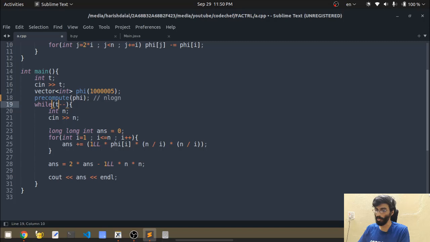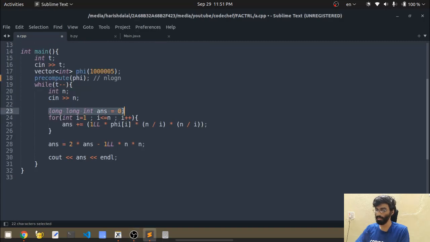and then running a while loop for t test cases. Each test case will have integer n as our input. Now we will store our final answer in a long int.